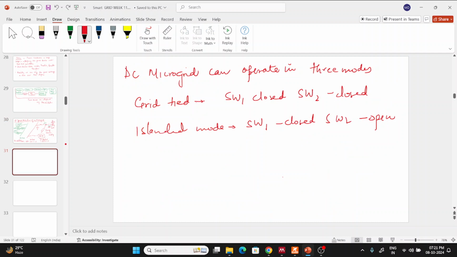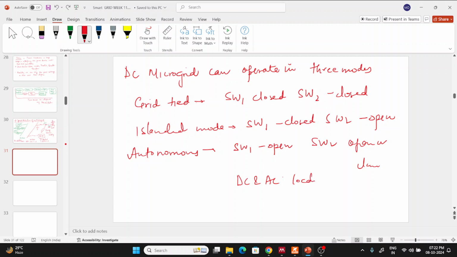Okay. Then there is another mode which is autonomous mode. In that mode, S1 is open or S2 switch SW2 can be open or closed. In this mode of operation, it serves only the DC or AC loads in autonomous modes of operation.